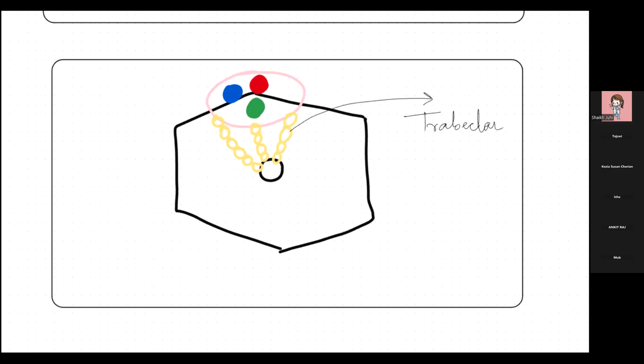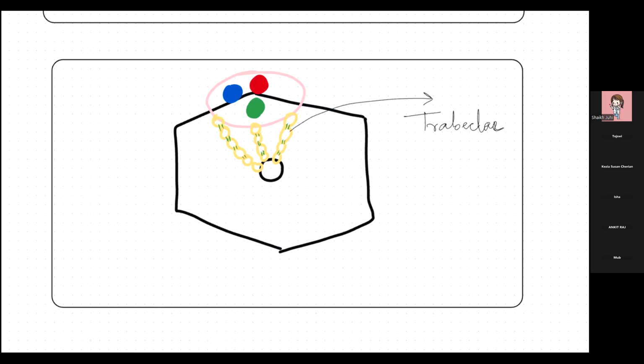A trabecula is formed. Now in between these trabeculae, what is present? There are bile ductules present, or canaliculi can also be called. So these are the canaliculi present over here.